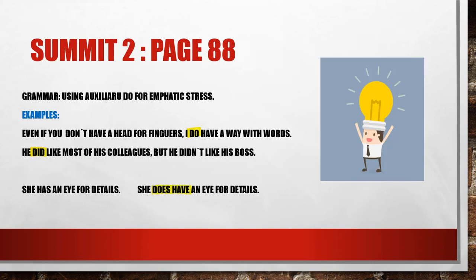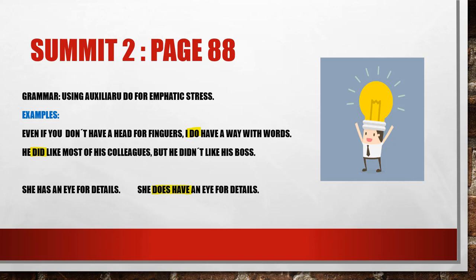Let's read what you have in your Summit 2 textbook, page number 88. It says grammar: using auxiliary do for emphasis stress. Examples: "Even if you don't have a head for figures, I do have a way with words." "He did like most of his colleagues, but he didn't like his boss."